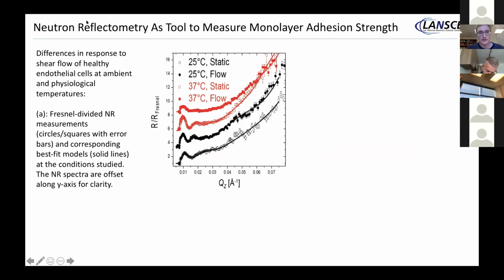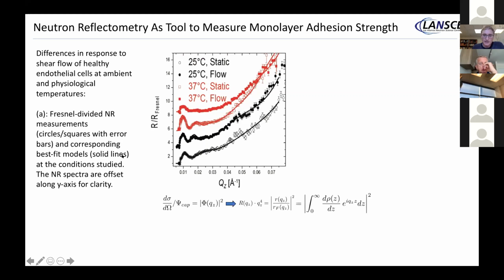So we had an interest in seeing what happens when we look at the specular reflectivity under static conditions and then under flow with the 1.5 pascal shear stress, and also at two different temperatures, 25 and 37 degrees. The data here is the raw data for one measurement.